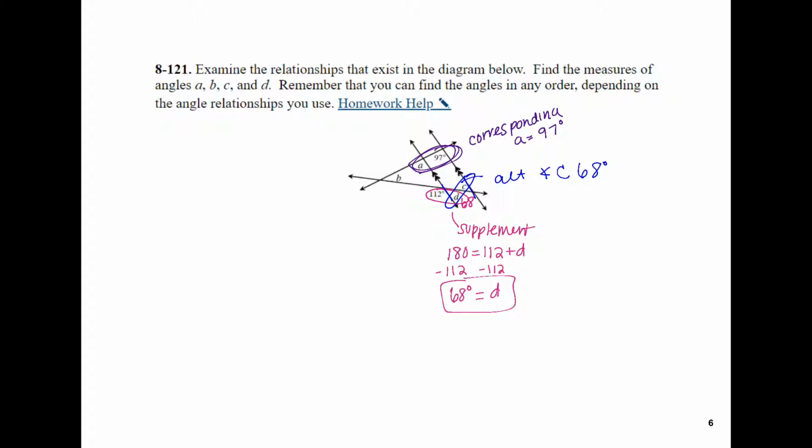And then angle B is the last angle I need to figure out. If this is 97 degrees, I can tell I'm looking at a triangle here, so I know a triangle equals 180. I know angle A is 97. This angle right here is vertical to D, so I know that angle is 68. Plus angle B, when I use my subtraction, I know that B is equal to 15 degrees.